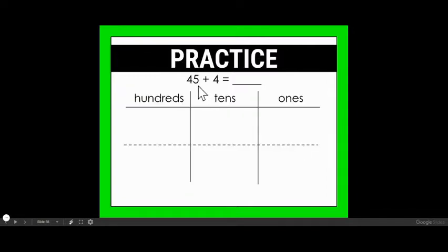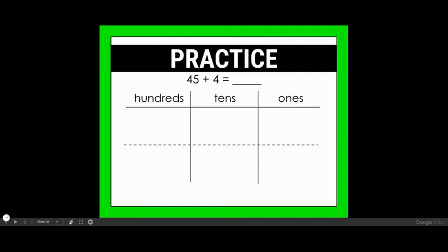So if I have my addition problem of 45 plus 4, I still have my hundreds, tens, and ones chart, but now I'm going to look at my first add-in, which is 45, and I'm going to break that into hundreds, tens, and ones. Now with the number 45, are there any hundreds?